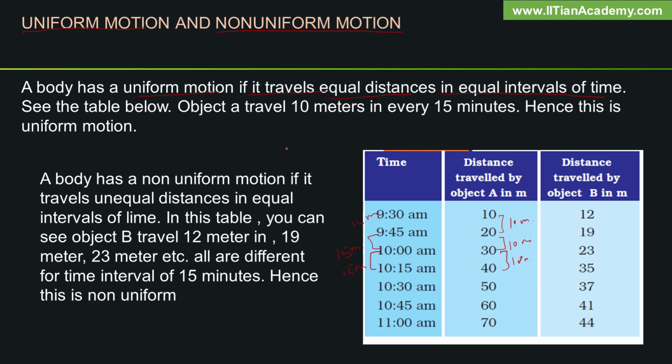See the table. Object A travels 10 meters in every 15 minutes. Hence, this is uniform motion.